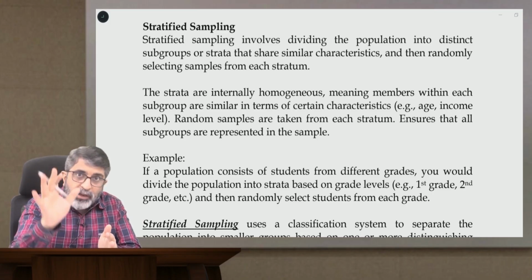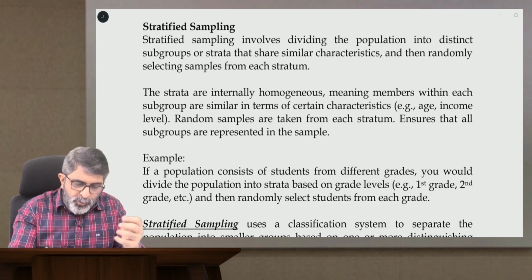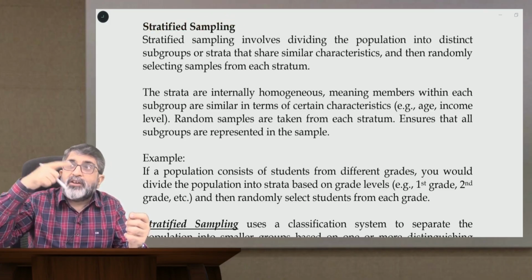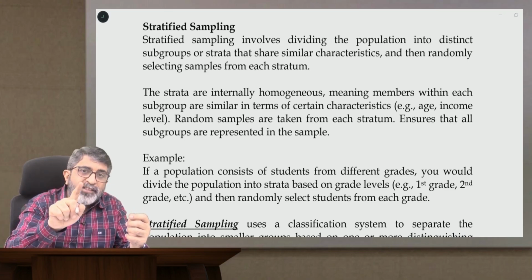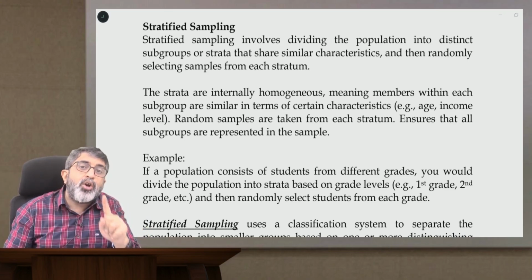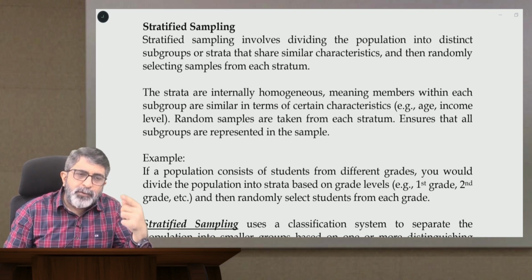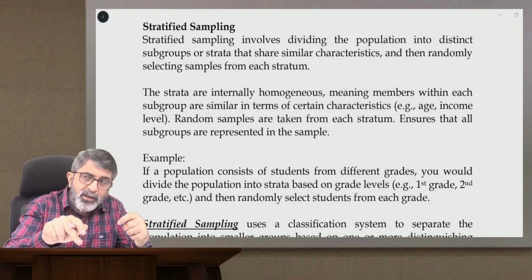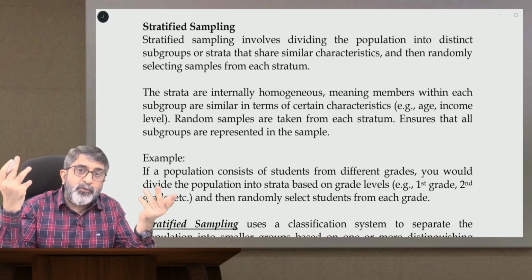So it may not be giving you a perfect example of stratified sampling, because for construction of an index your selection may not be random, it could be a little systematic or judgmental as well. So you want to take only the top performing companies.